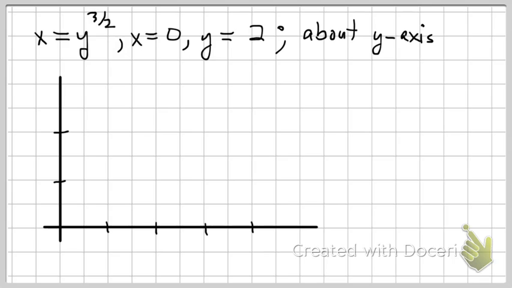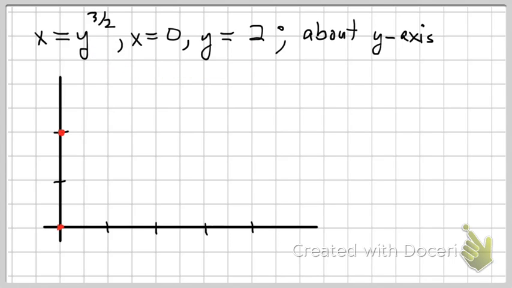There's three of them, but two of them are really easy. x equals 0 is vertical and y equals 2 is horizontal, right? So obviously 0, 2 is one of the intersections. If I plug in x equals 0, 0, 0 is another intersection. You guys agree? If I plug in y equals 2, then we get x equals 2 to the 3/2. That's 2 root 2, isn't it? Which is what, 2.8?